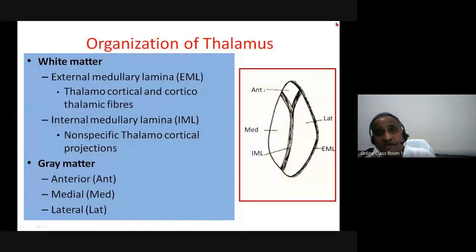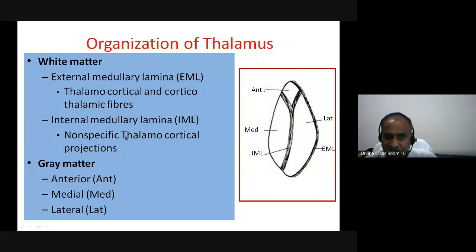Now, just look at how the thalamus is organized. It's an oval structure, a pear-shaped or egg-shaped oval. We have this typical Y. This is the white matter.